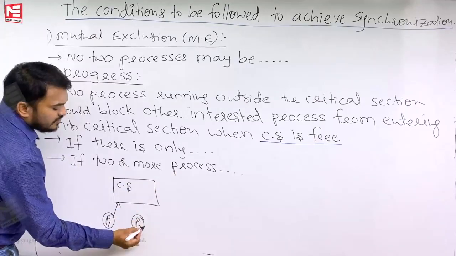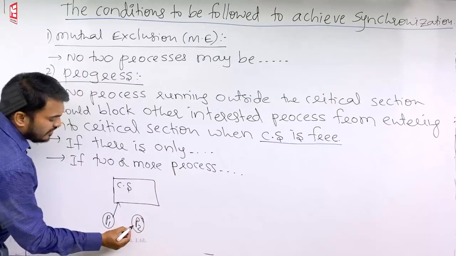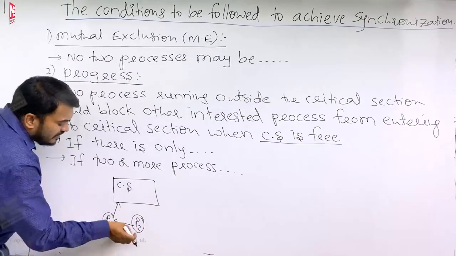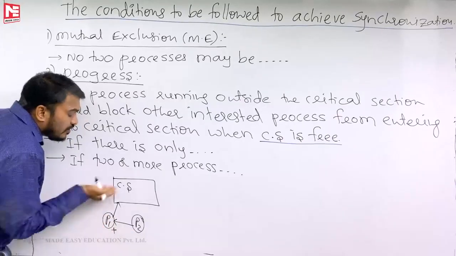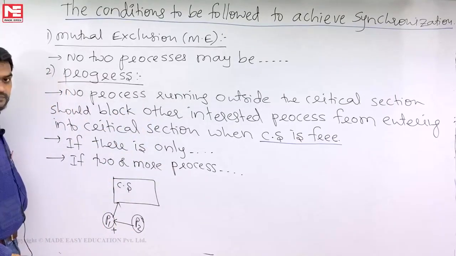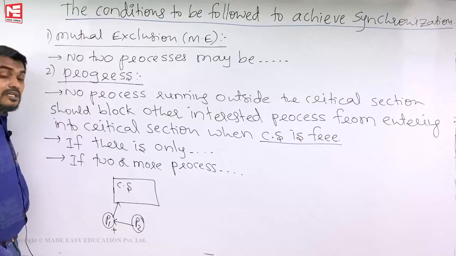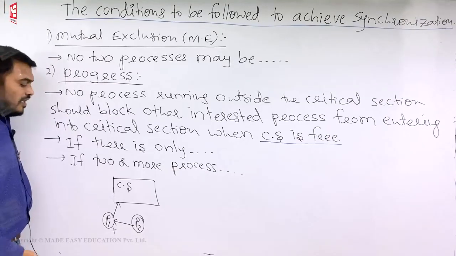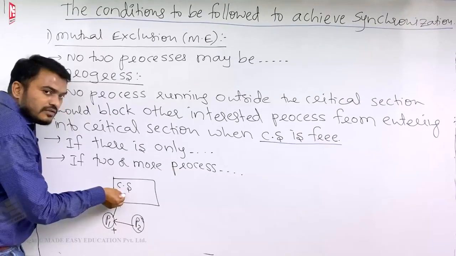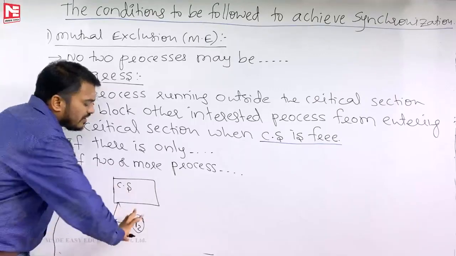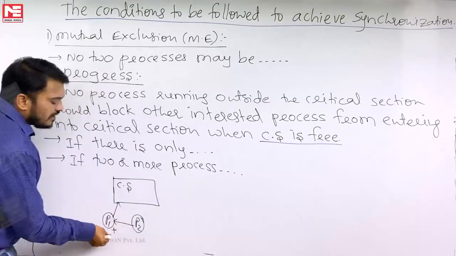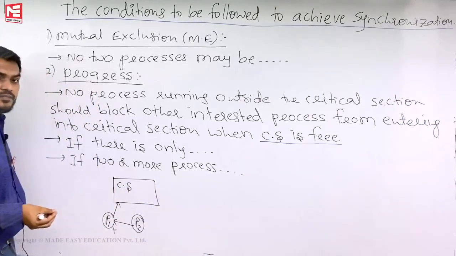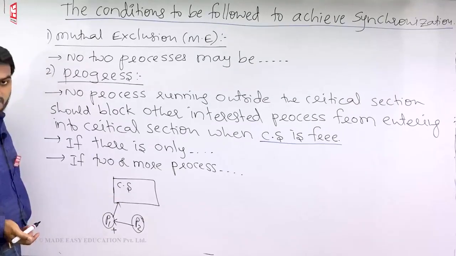The critical section is free and the shared resources are empty, so P1 wants to use it. But some other process P2, running outside the critical section, is blocking P1 from entering the critical section. This should not happen.